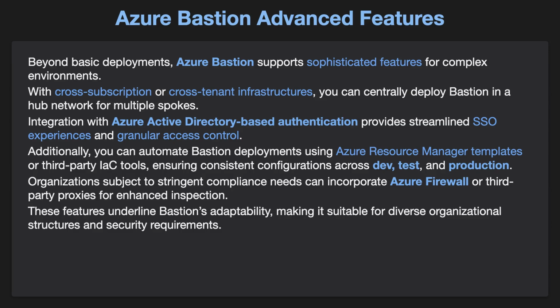Additionally, you can automate Bastion deployments using Azure Resource Manager templates or third-party IaC tools, ensuring consistent configurations across dev, test, and production. Organizations subject to stringent compliance needs can incorporate Azure Firewall or third-party proxies for enhanced inspection. These features underline Bastion's adaptability, making it suitable for diverse organizational structures and security requirements.